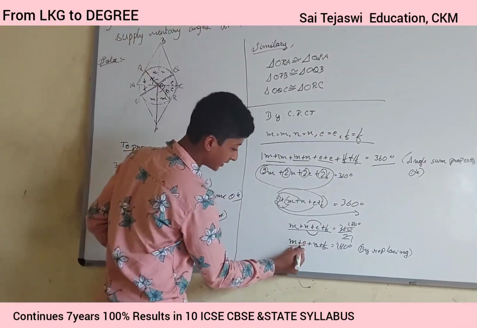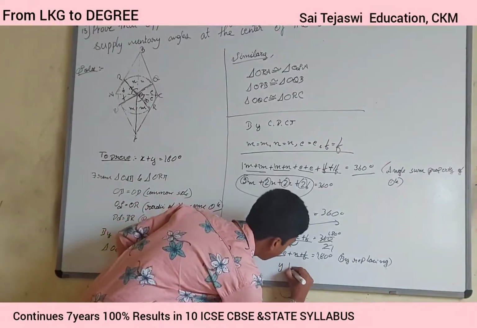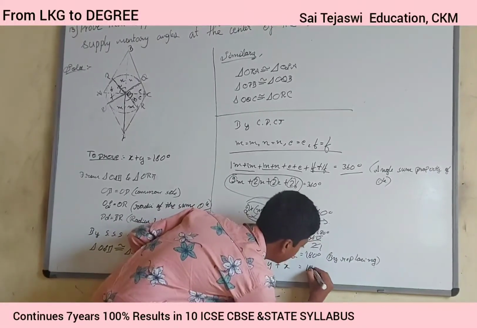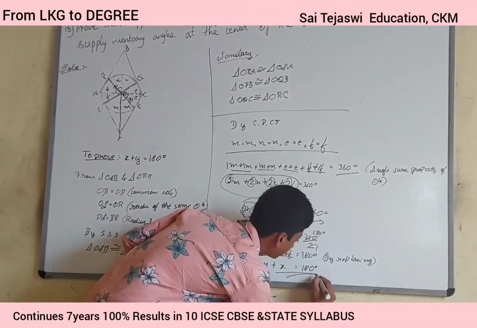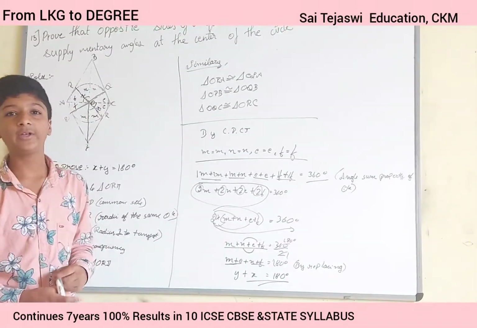So we just replace these values by y and x. So y plus x equals 180 degrees. Hence proved. This is what we wanted to prove. Thank you. If you have any doubt, please comment.